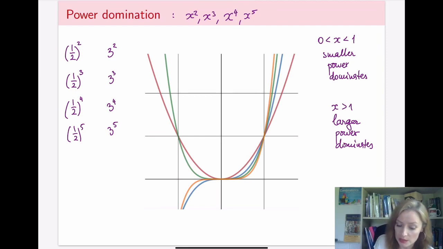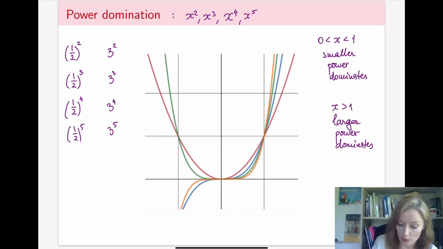So what that means is I can look near the origin and I know that the smallest power is going to be the one that is the highest overall. So this graph is going to be x squared, the next one is going to be x cubed, the next one is going to be x to the 4th, and the lowest one is going to be the highest power available, or x to the 5th.